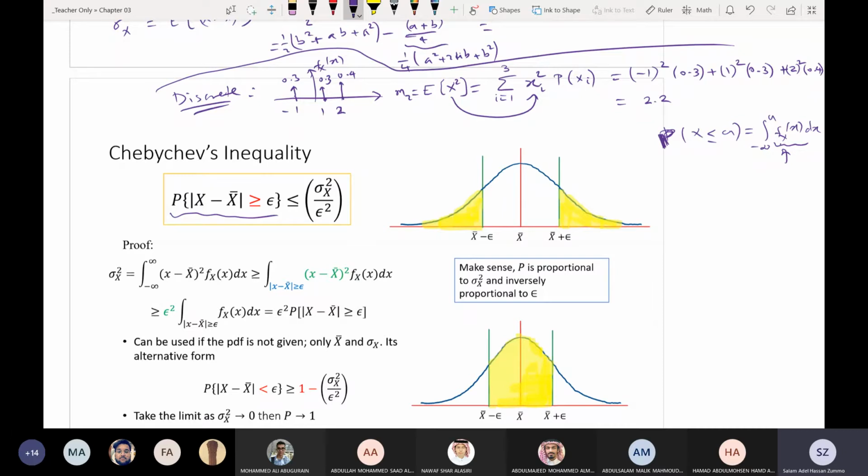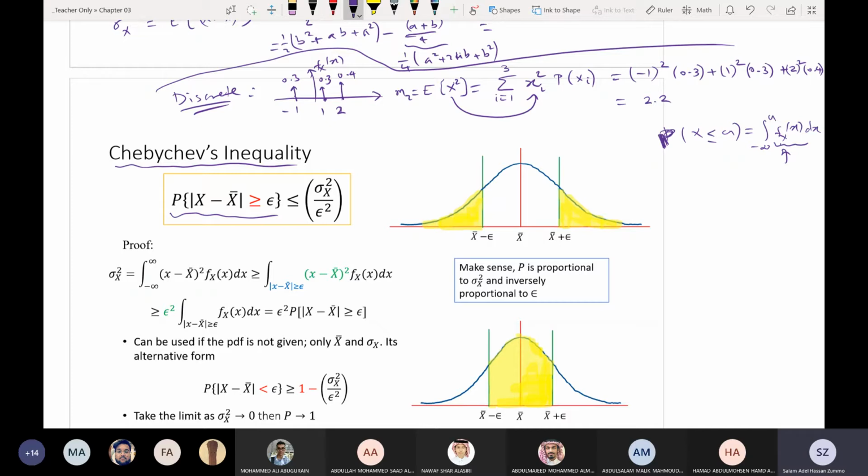So basically use your bound to make the problem simpler and try to solve it. So either for mathematical simplification or for estimating the probability, not exactly what the probability is. In this case, we will talk about 2 inequalities. The first one is the Chebyshev inequality.